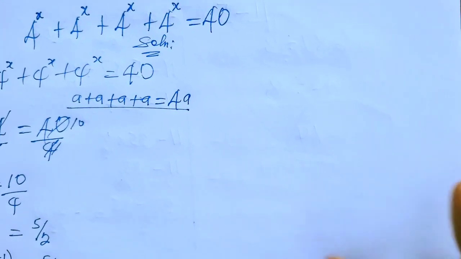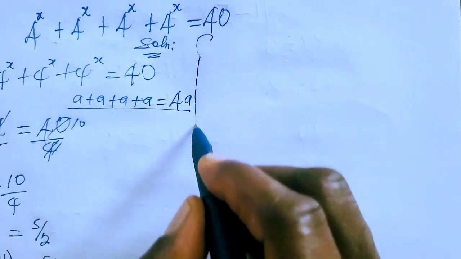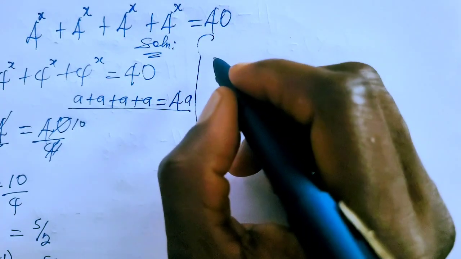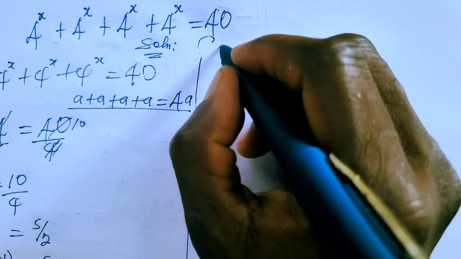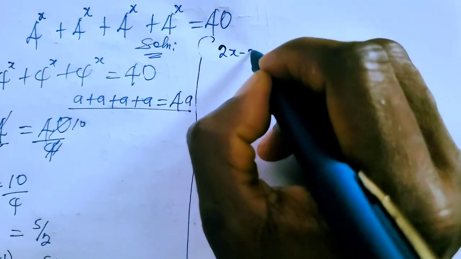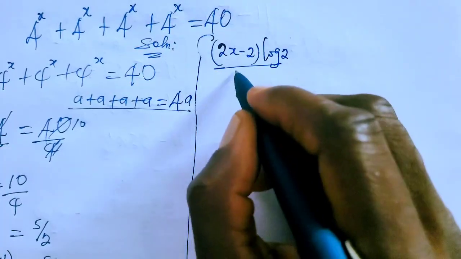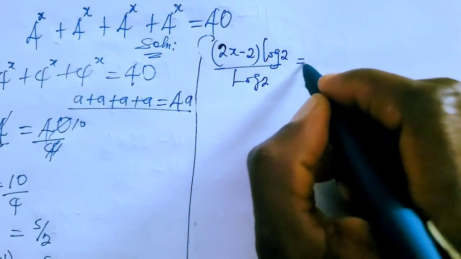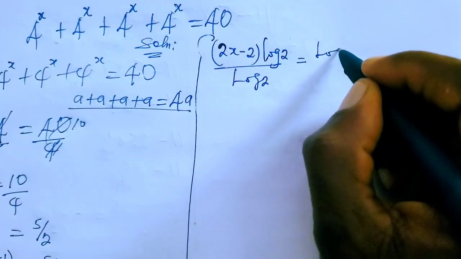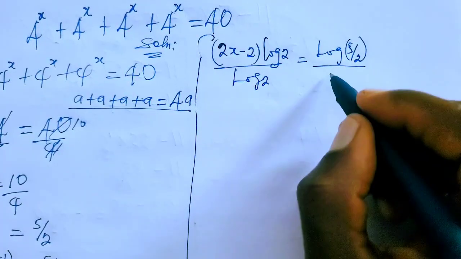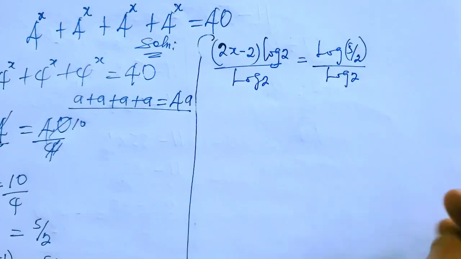Moving further, we are going to divide both sides of the equation through by log 2, and we have 2x minus 2 log 2 divided by log 2 equals log of 5 all over 2 divided by log 2.